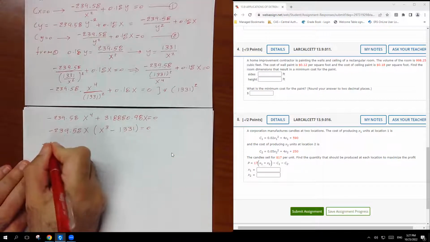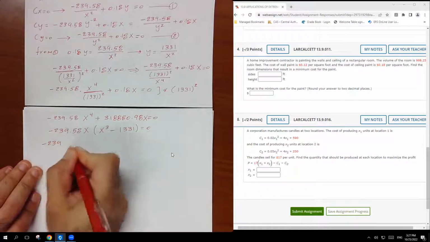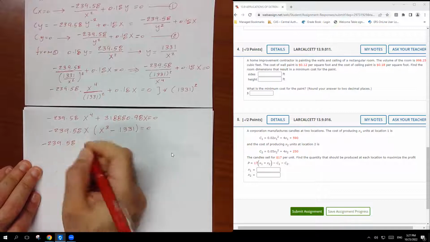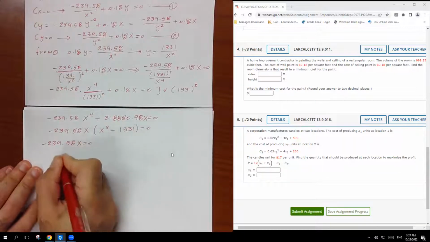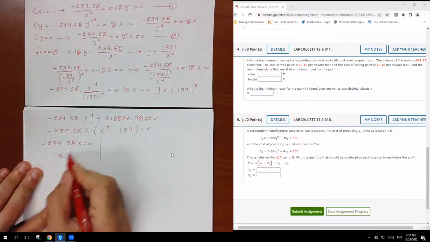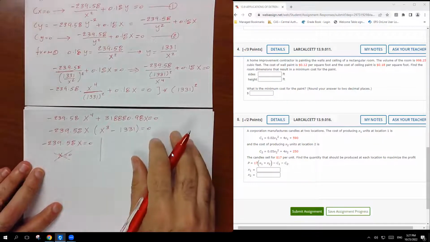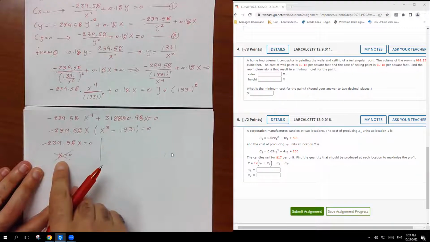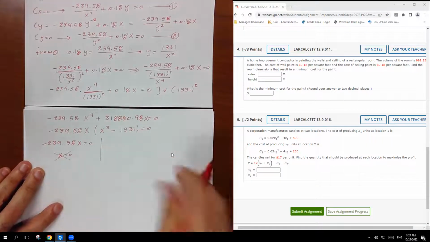Now, negative 239.58 x equals 0 means x equals 0. We can't choose this one because we have a room with a positive length, not equal to 0. So we can't choose this side.